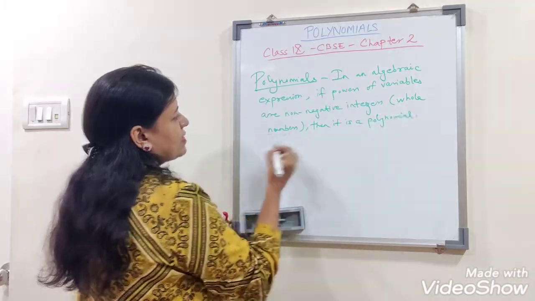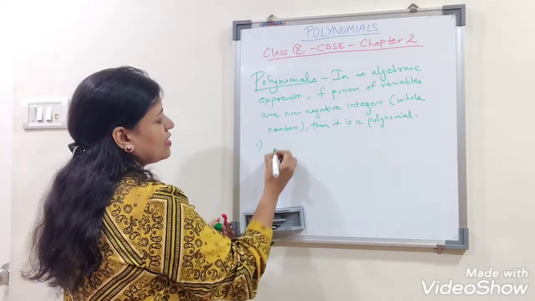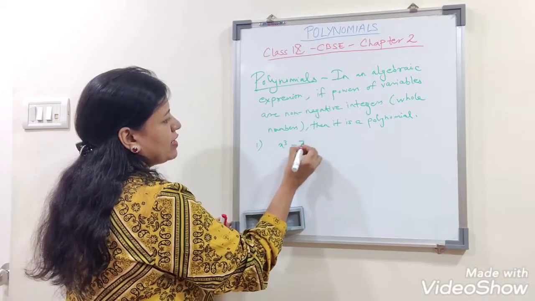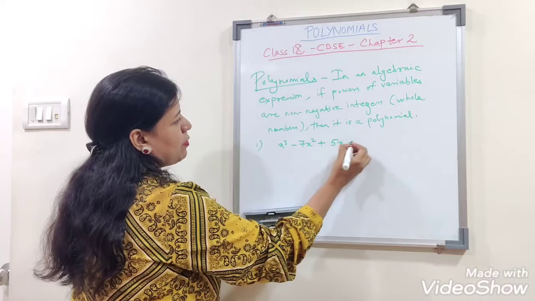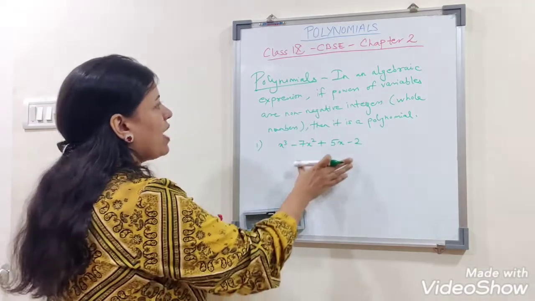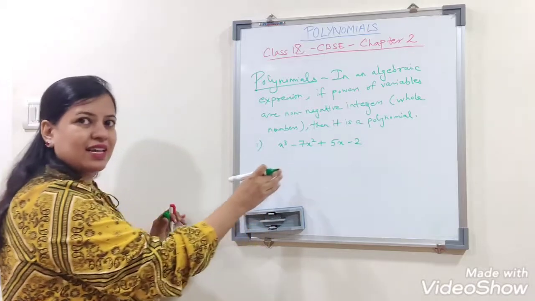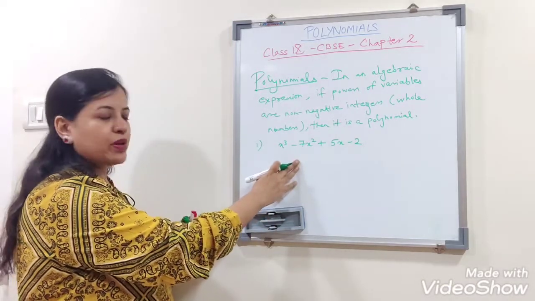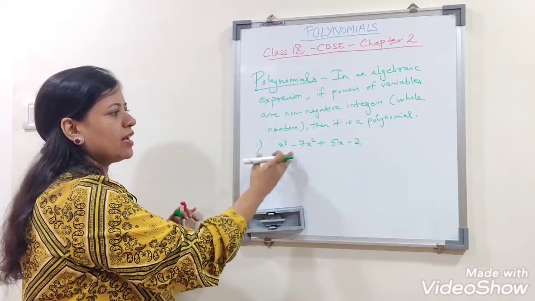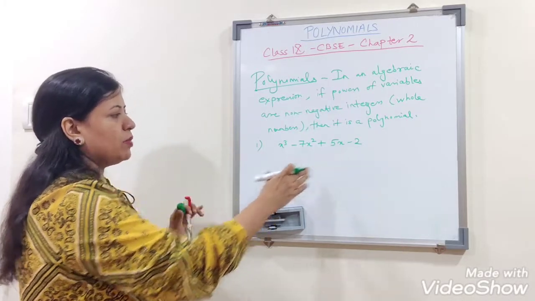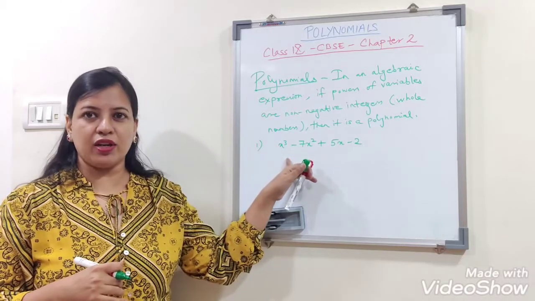Now let me give you an example. Say for the first example that I can take is x cube minus 7x squared plus 5x minus 2. Now why is this called polynomial? You can clearly see that it is an algebraic expression. Why? Because it is a combination of constants and variables connected by operators. But what makes it so special that it is now being defined as polynomial?